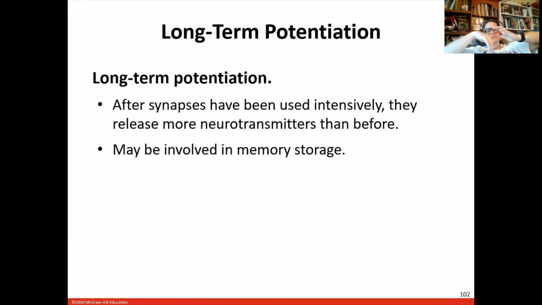If you've spent a lot of time sending signals between these two nerves across the synaptic cleft, this one gets better at sending neurotransmitters, which means this one will be better at responding. The connection between these two information-wise is stronger. That doesn't mean that there's a physical connection. You still got a synaptic cleft, but they're better at talking to each other.